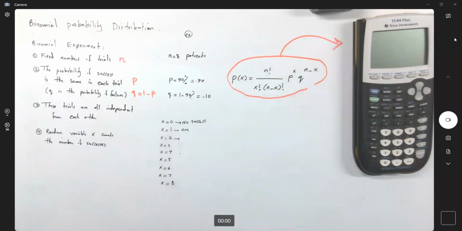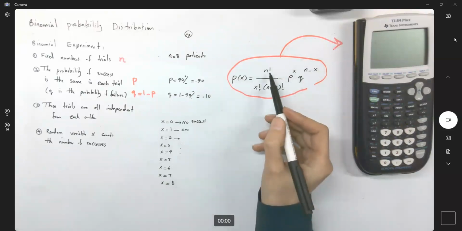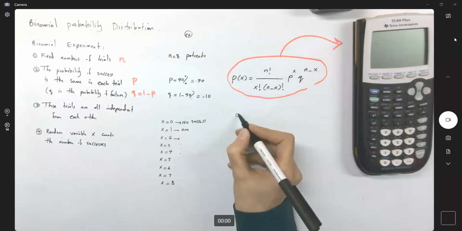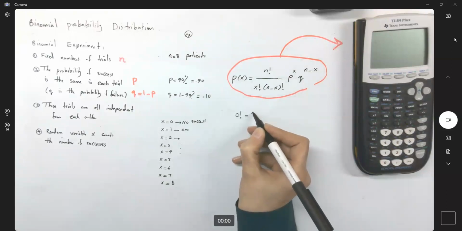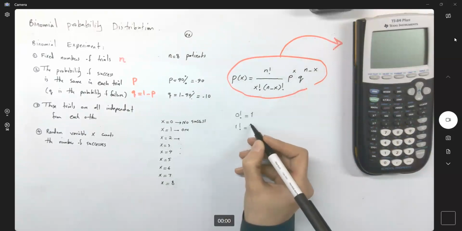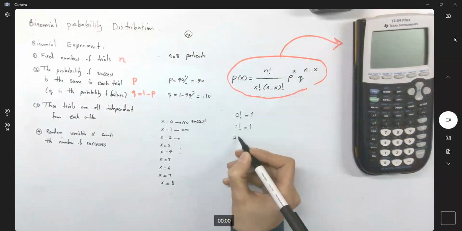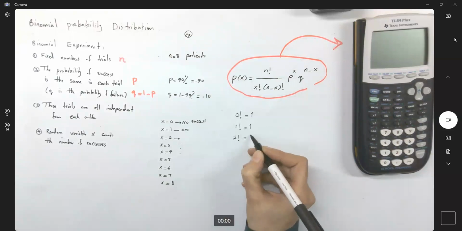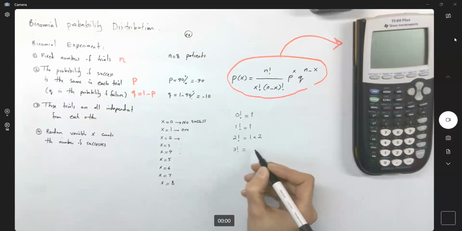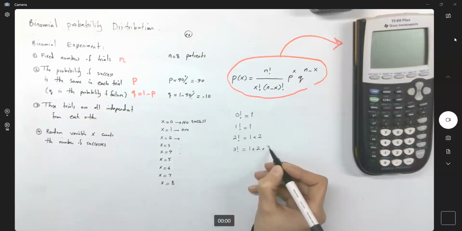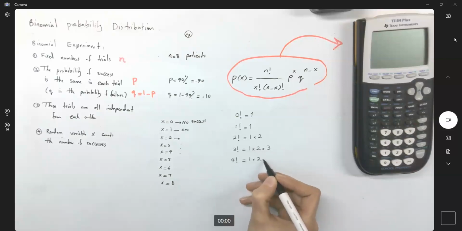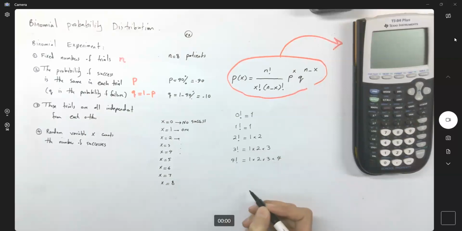But just a quick review, what is the meaning of factorial, this exclamation mark? In math, we define 0 factorial to be exactly 1. 1 factorial is defined as 1. 2 factorial is defined as 1 times 2. 3 factorial is defined as 1 times 2 times 3. 4 factorial is defined as 1 times 2 times 3 times 4.